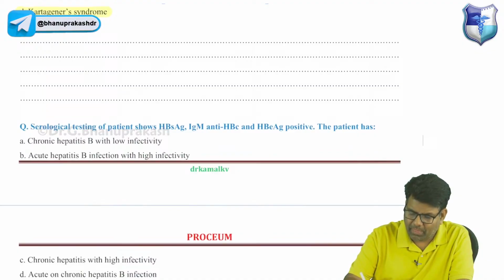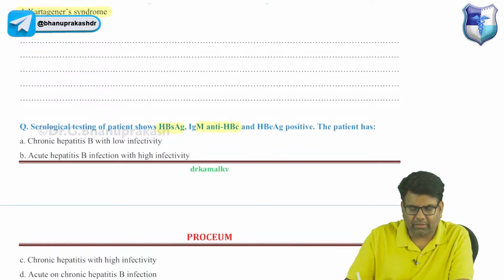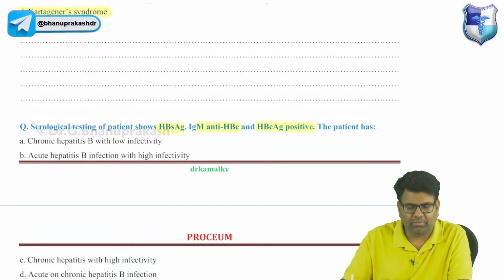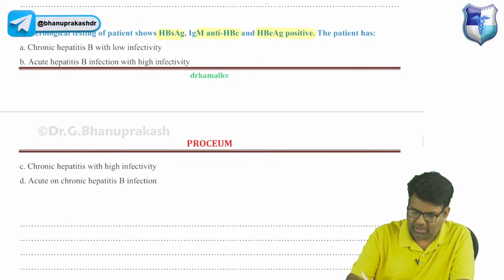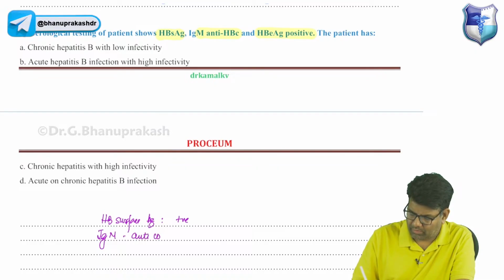Next question. Surface antigen is positive, IgM anti-HBc is positive, and envelope antigen is also positive. What will be the diagnosis? Surface antigen, then IgM anti-core antibody, and also envelope antigen is positive.